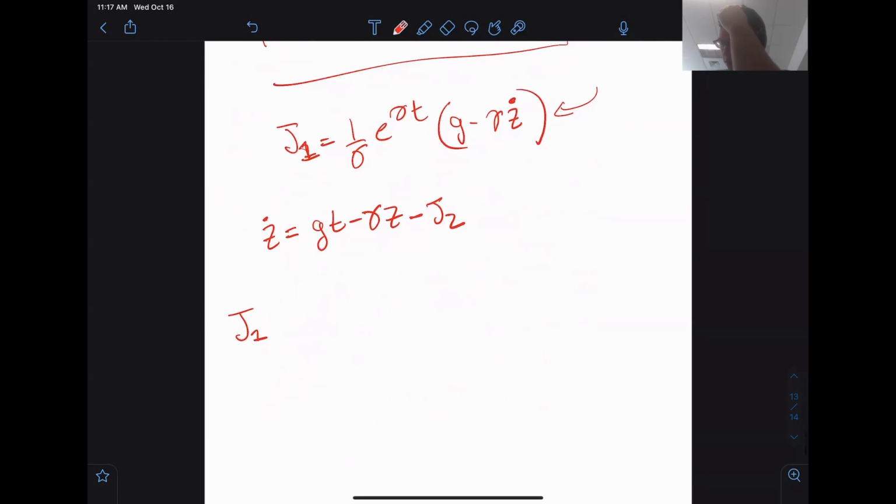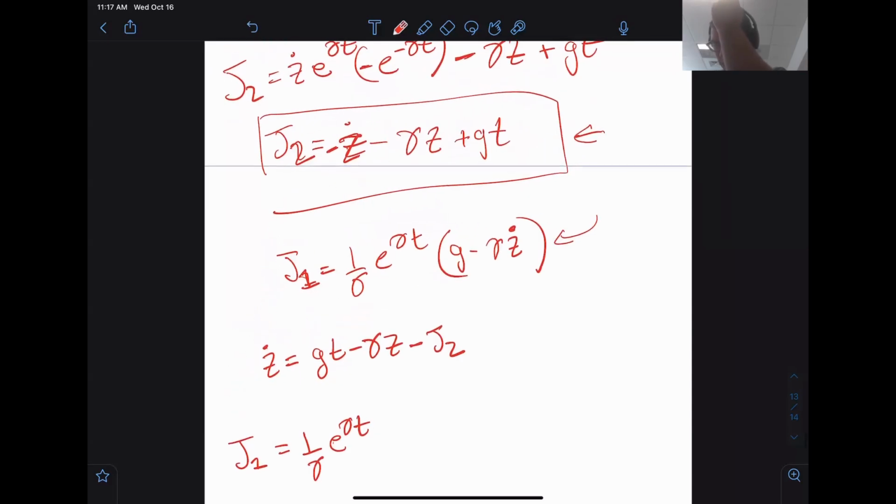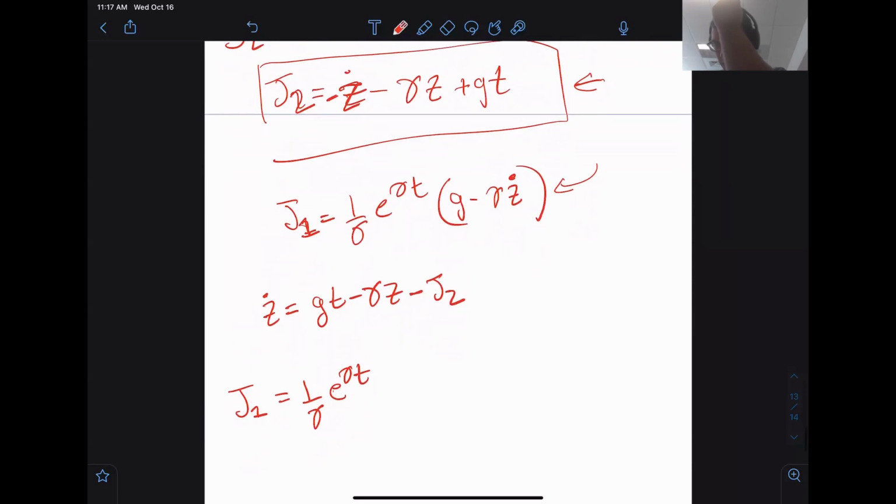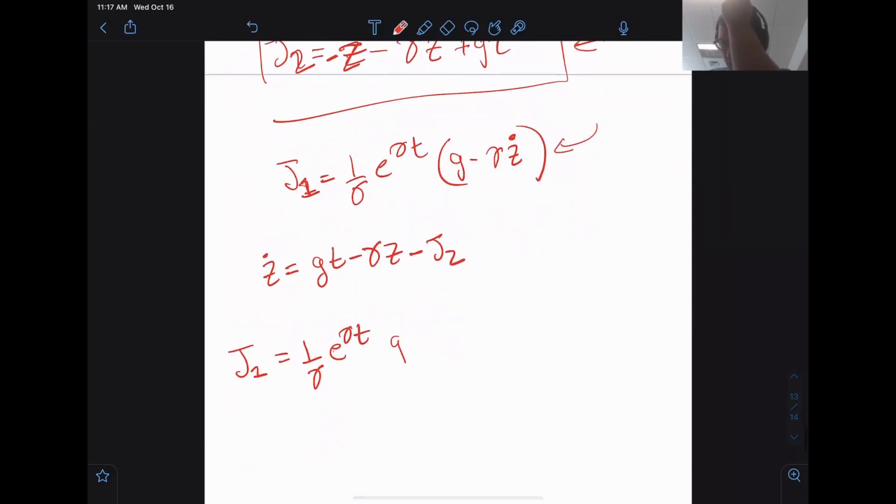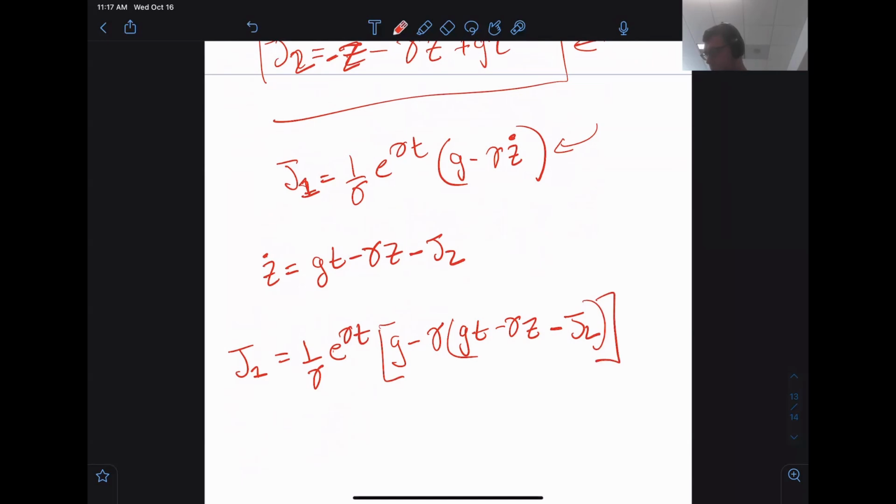Plug that into the J constant. Like that.